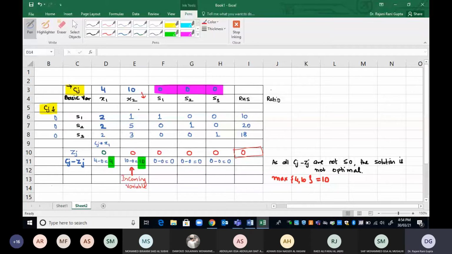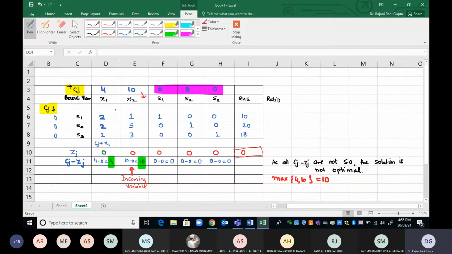Now, x2 should take the position of s1, s2 or s3. To understand it, in a company there are 3 people, s1, s2, s3, working. These 3 people are working for a company and they are not giving any profit. So the employer wants to see how to increase the profit.